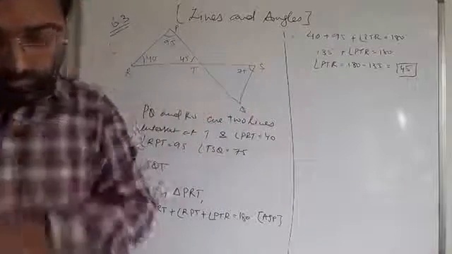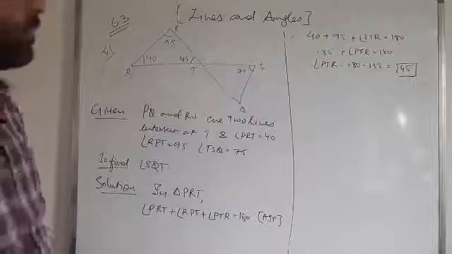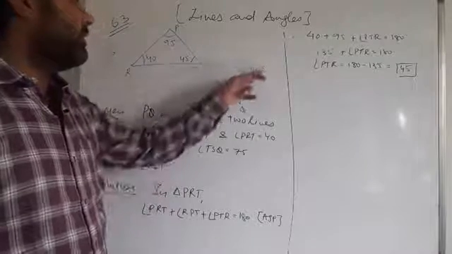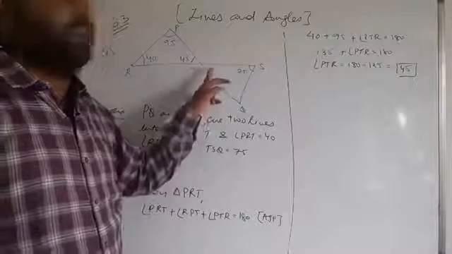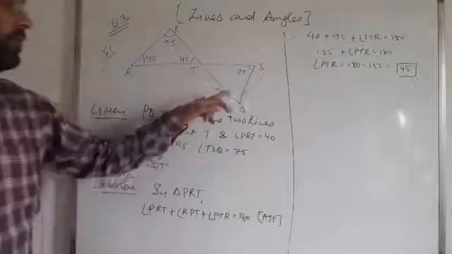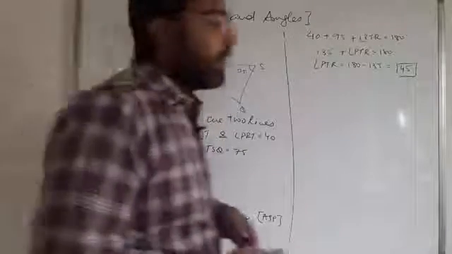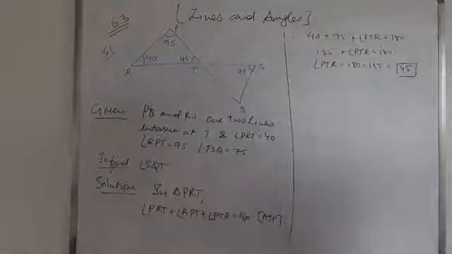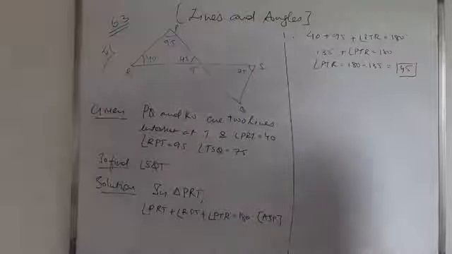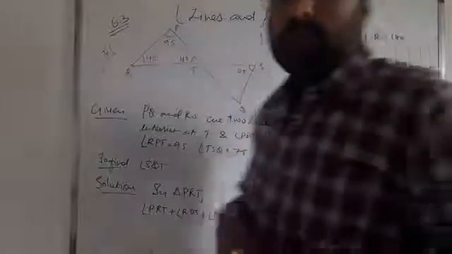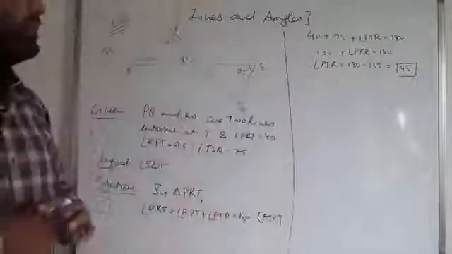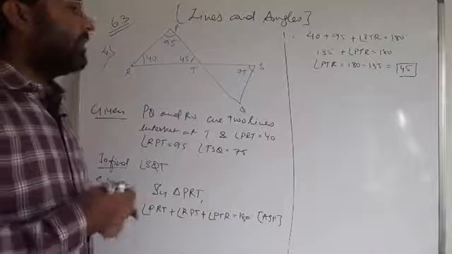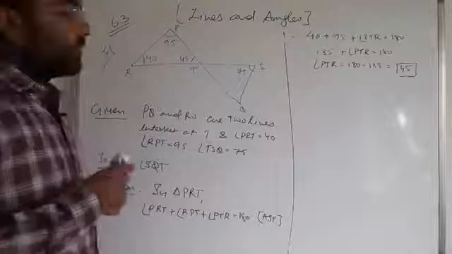So for SQT, I want the angle STQ, because using the angle sum property we can find the missing angle, and for that we need at least two angles.